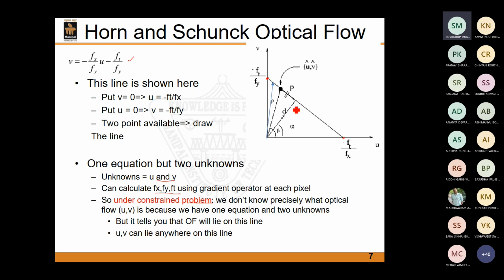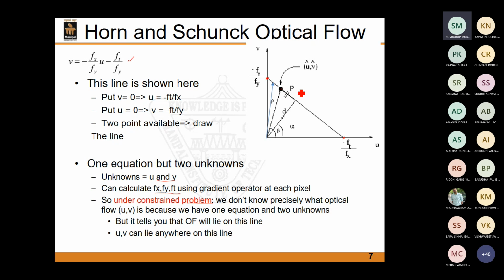In order to find that, let us assume that this particular point is where the displacement vector is, and it is given by the location u cap and v cap.